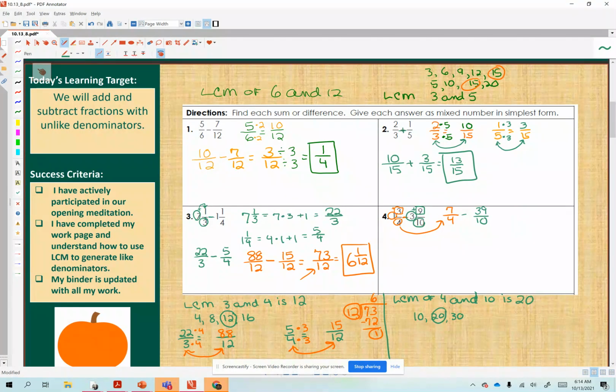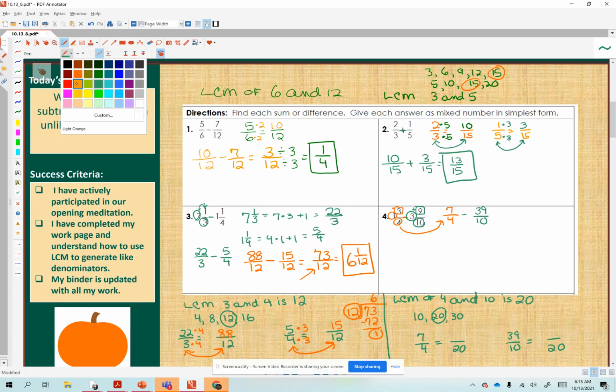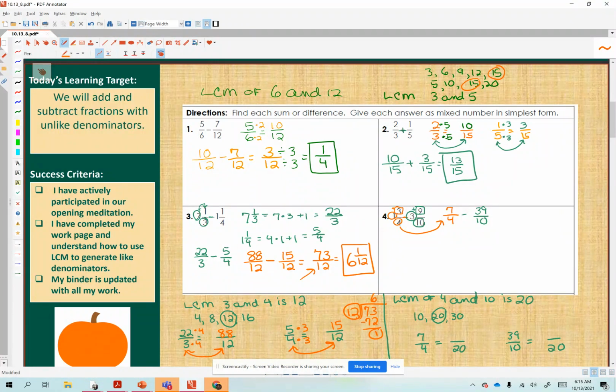So I need to convert 7/4 to 20ths, and I need to convert 39/10 to 20ths. So let's change our color so we can show our work very clearly. So what do I do to get from 4 to 20? What can I multiply by?